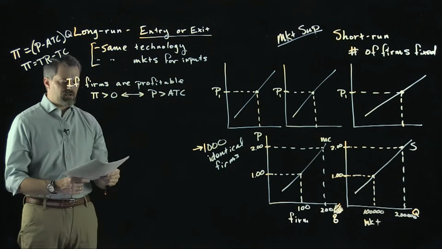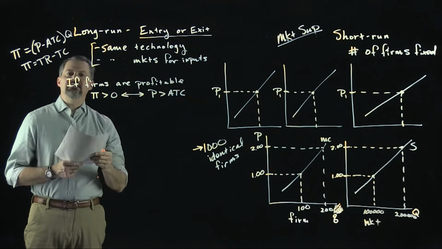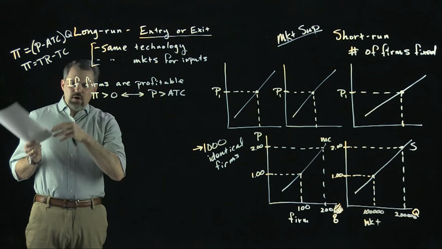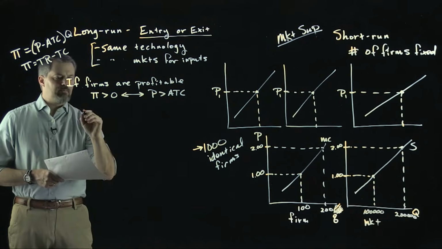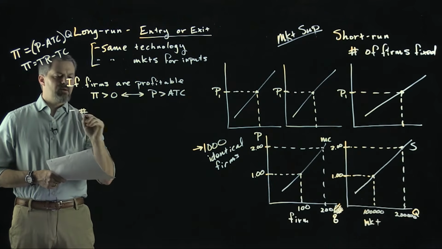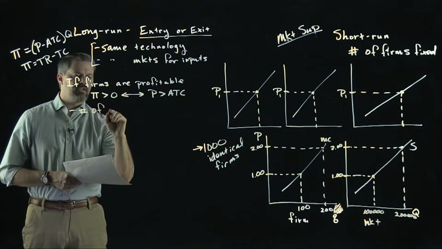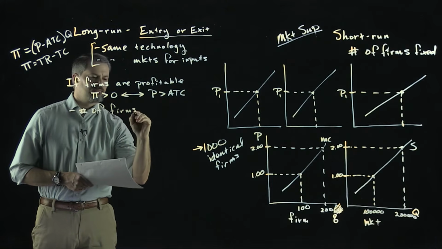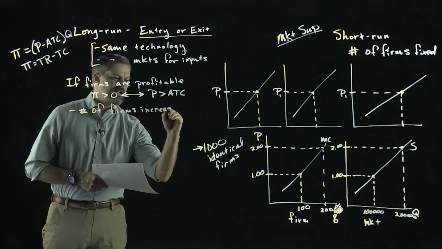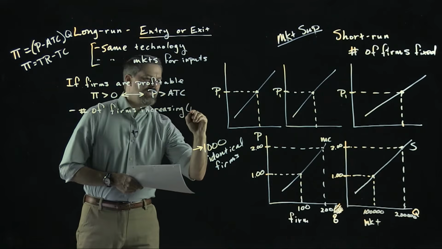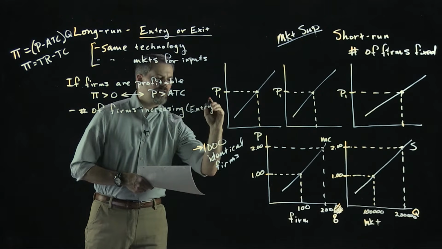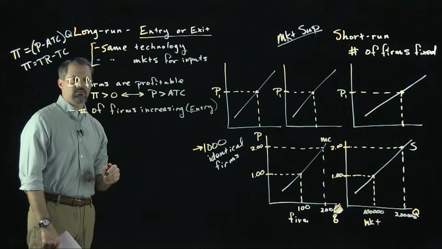If firms in the market are profitable, then that means in the long run, firms are going to be entering the market. So the number of firms is increasing. And I'm just going to put here that entry will be happening. That's our entry condition, right?